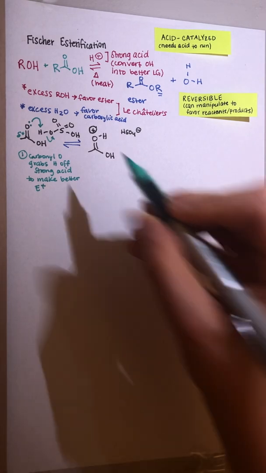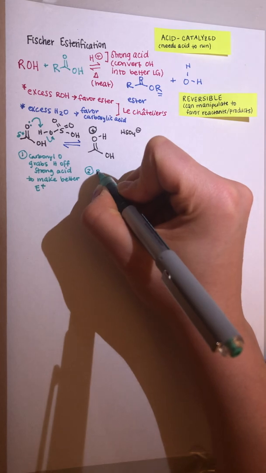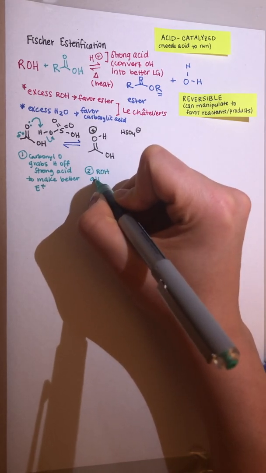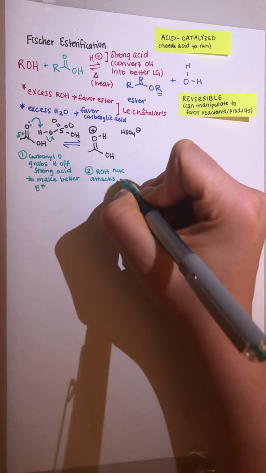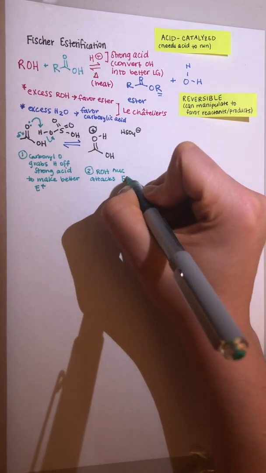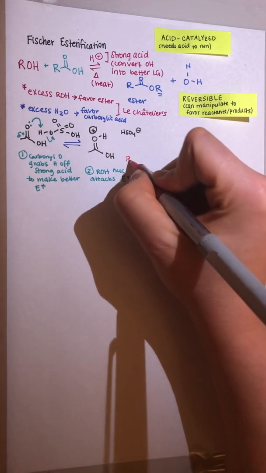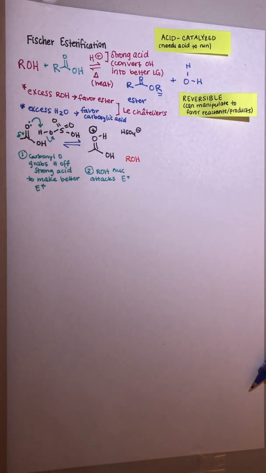So the next step is the alcohol. Our first equivalent of the alcohol is going to act as a nucleophile and attack the electrophilic carbon. So we know what's next. Here's our ROH, and I'm going to keep it generic.